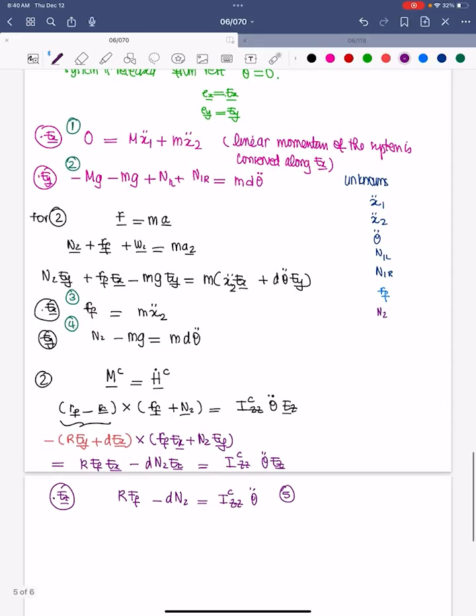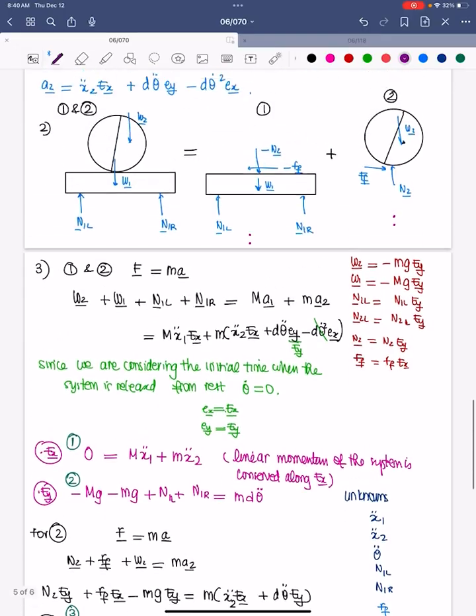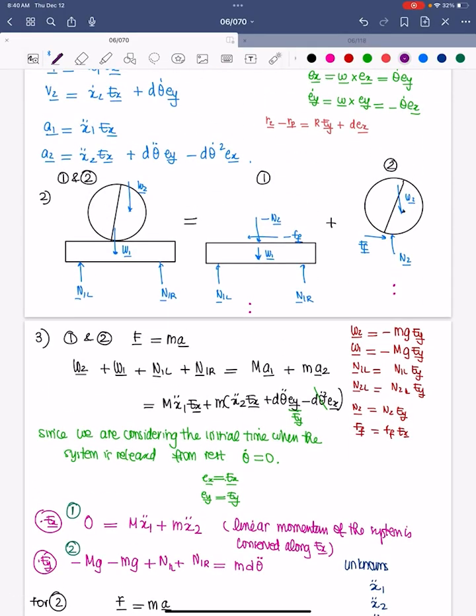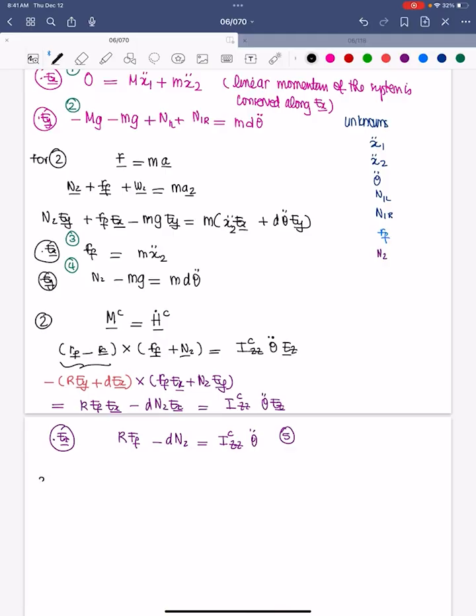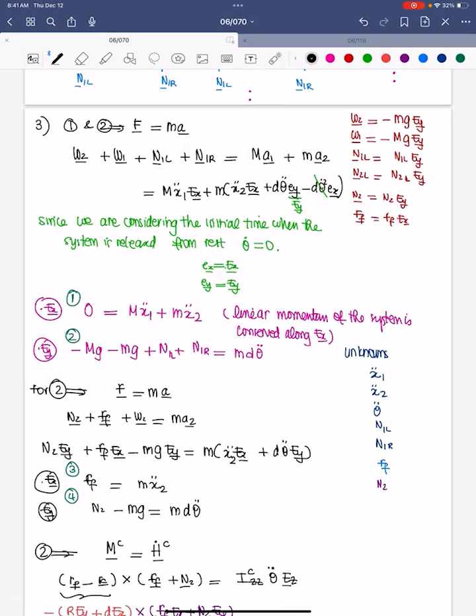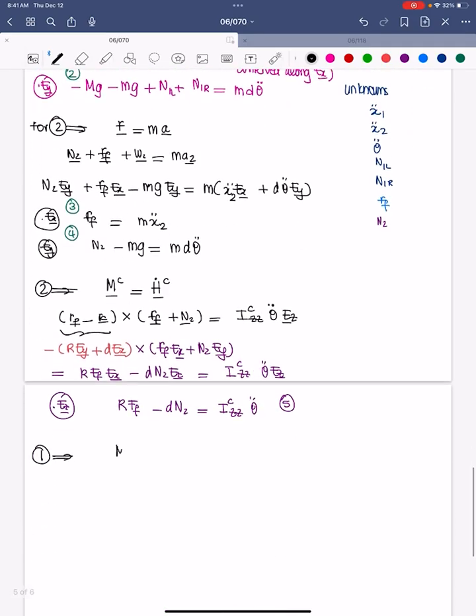So I think we're going to end up needing to do the balance of angular momentum about the cart. So for 3, we have to do it for system 1. That was for system 2. Okay, for system 1, MC is equal to H dot C, and here I have to specify that previously we were doing it for system 2.